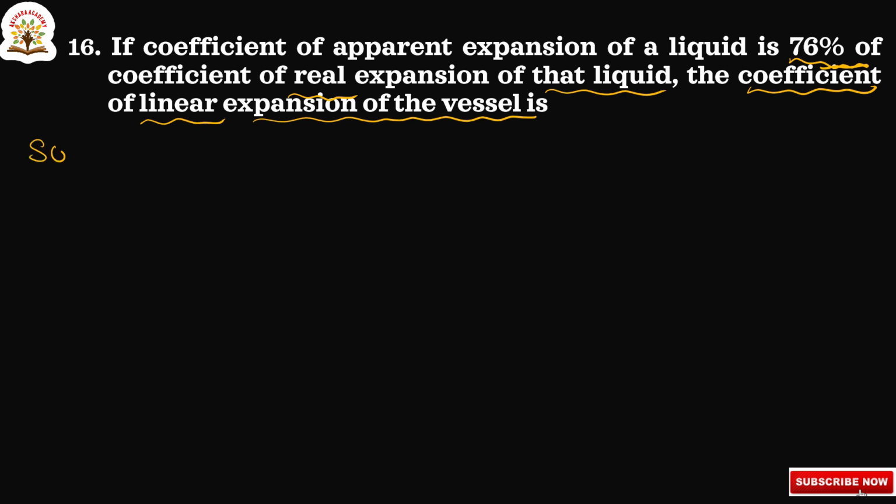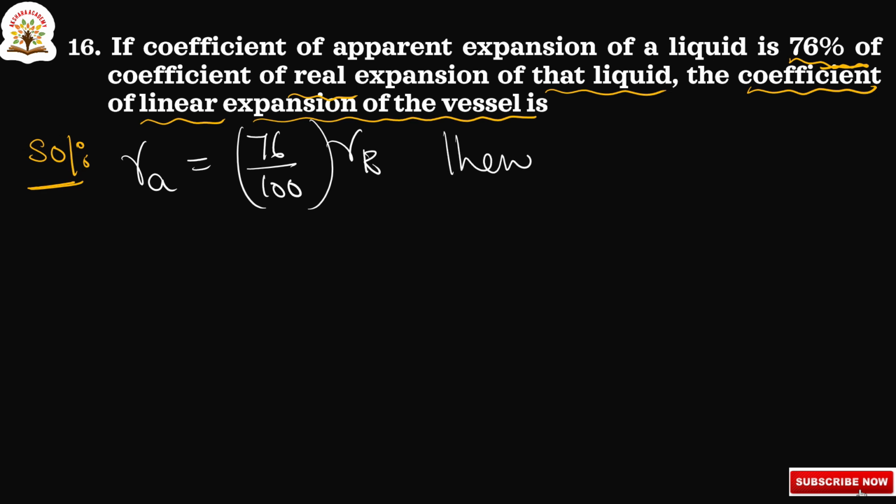Now let us go to the solution. Given gamma A is equal to 76 by 100 of gamma R, and we have to calculate the coefficient of linear expansion of the vessel, that is alpha g is equal to question mark.